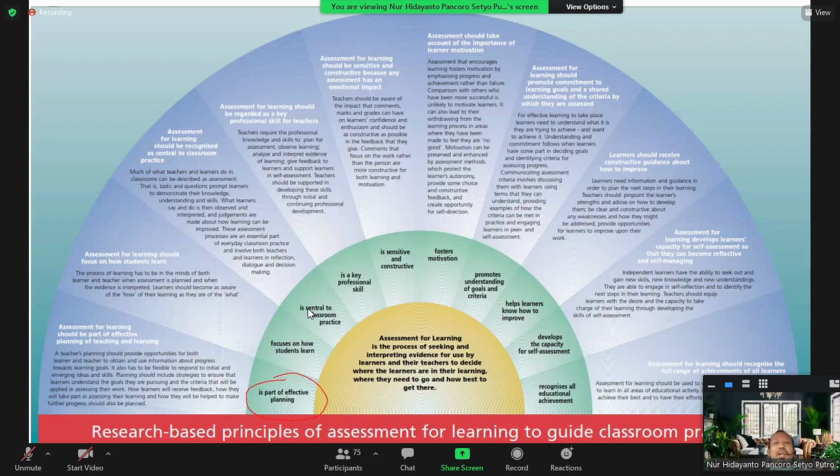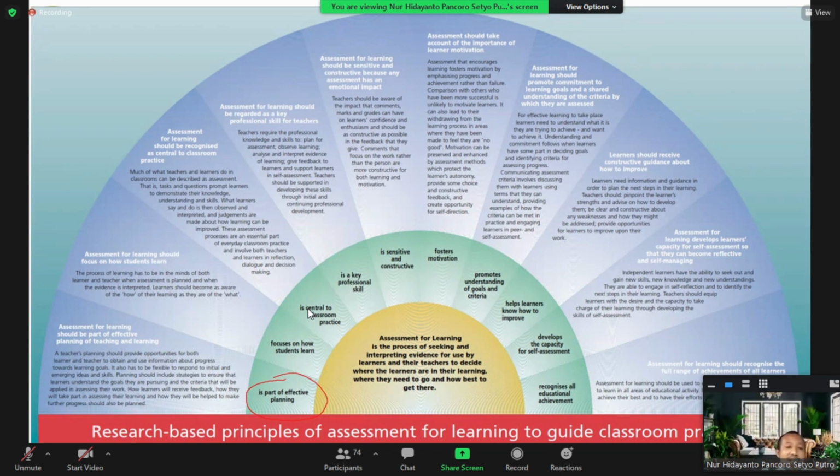If the teaching objective is to help our students to master A, then we have to involve A in our assessment. Okay, it is a part of an effective planning. Without a well-planned assessment for learning, we may have great problems in our assessment later.